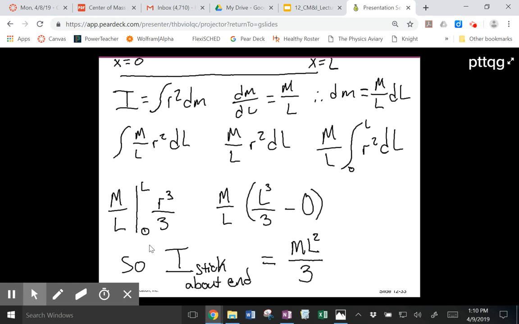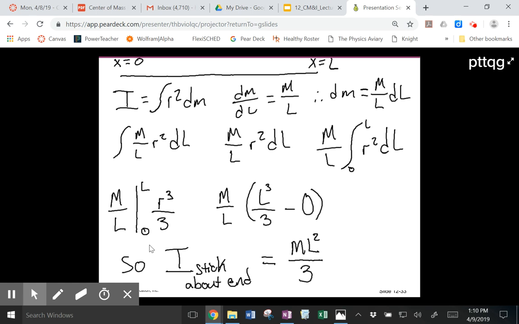So that's why I probably should call that dx. I don't know, it's just d something with the length of it. And our bounds of integration are from the axis of rotation, so the 0 end of the stick, to the other end of the stick, which is the total length.